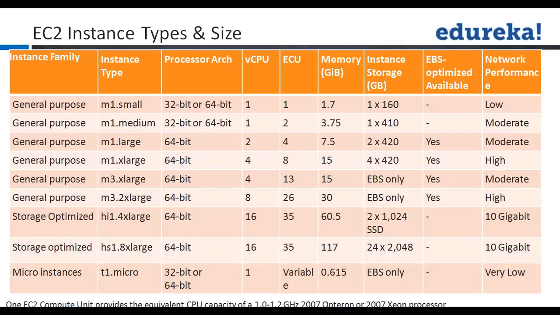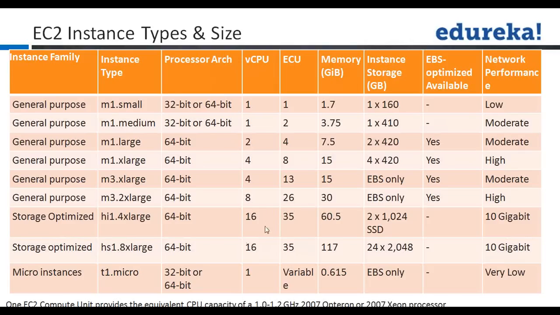If you go to the market and buy a desktop, it's a dual core, multiple cores, 4 cores, 16 cores kind of a scenario. So vCPU is nothing but the cores of your hardware. So with this, like you see, storage optimized provides 35 ECU. What would happen?